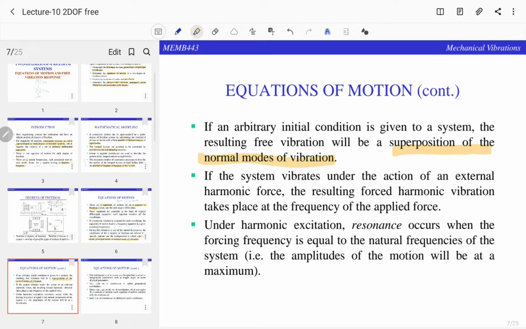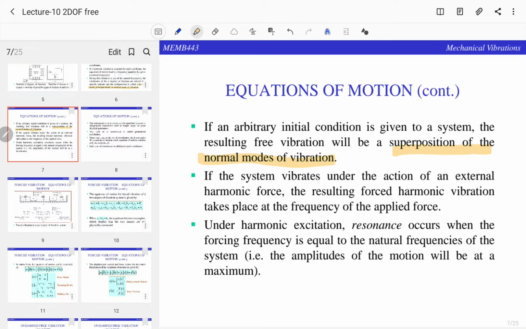If the system vibrates under the action of an external harmonic force, the resulting forced harmonic vibration takes place at the frequency of the applied force. So, the condition of resonance is still the same. Under harmonic excitation, resonance occurs when the forcing frequency is equal to the natural frequency of the system.